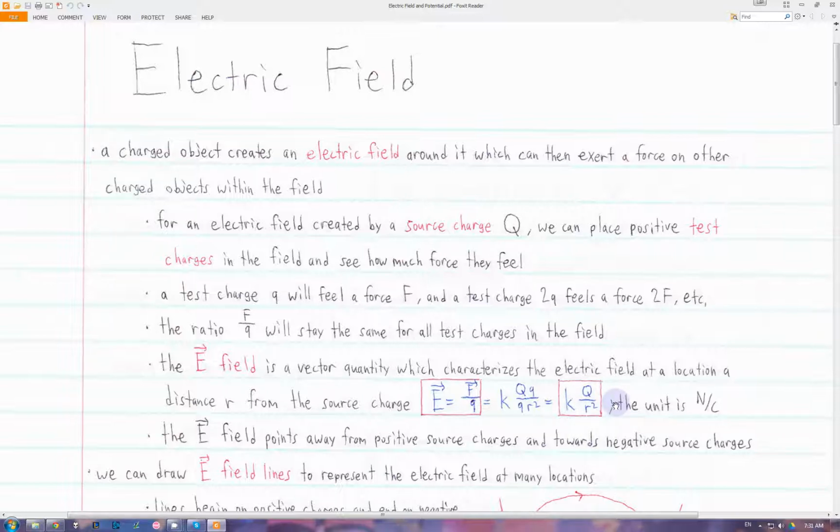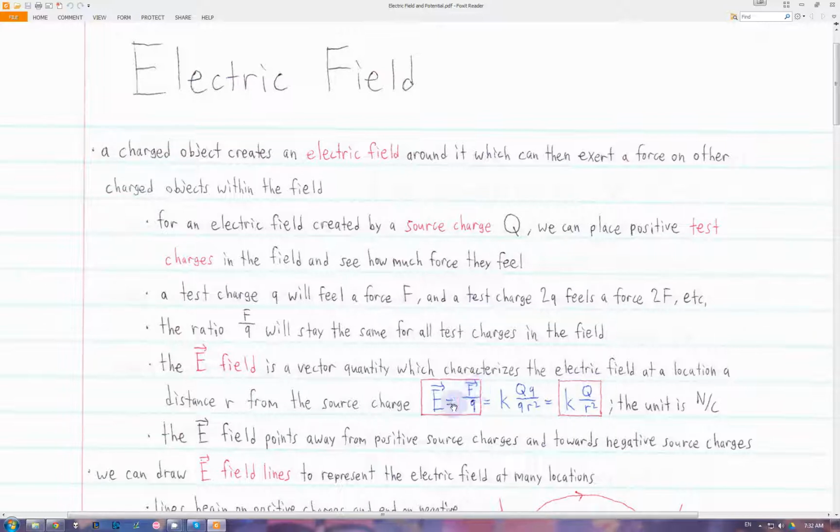So at any point in the electric field, the magnitude of the E field does not depend on what test charge we put there. It only depends on the distance from the source charge and the charge of the source charge.